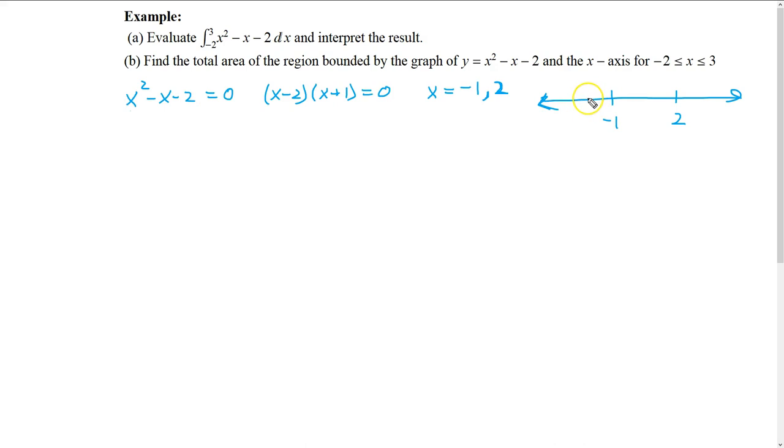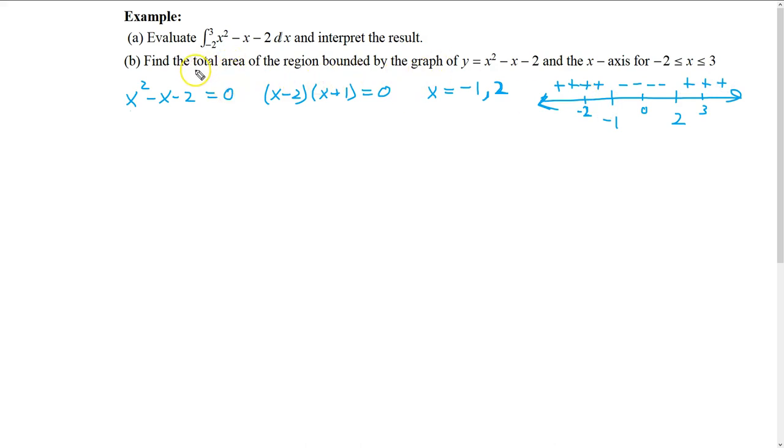If we take a number like -2 and plug it into our function here, we'll get back a negative times a negative number, so our function is positive here. Then if we take a test point like 0, we'll get negative times positive, that will be negative. And then from 2 to infinity, picking a test value like 3, we see that our function will be positive.